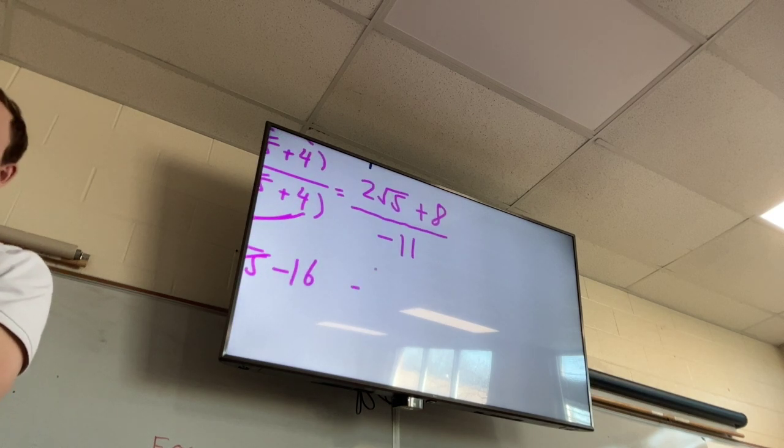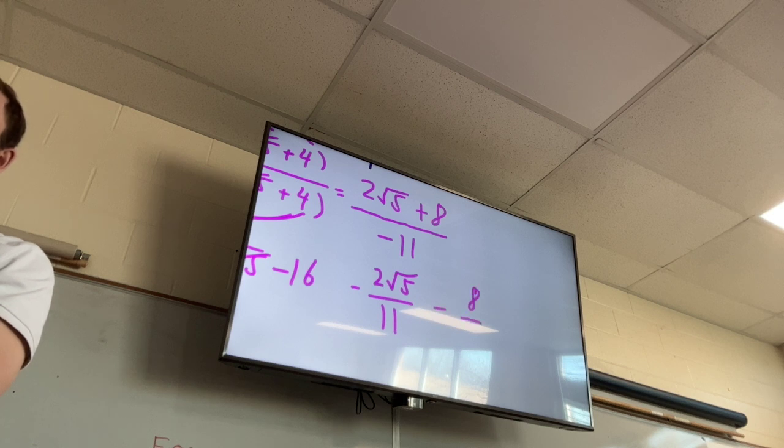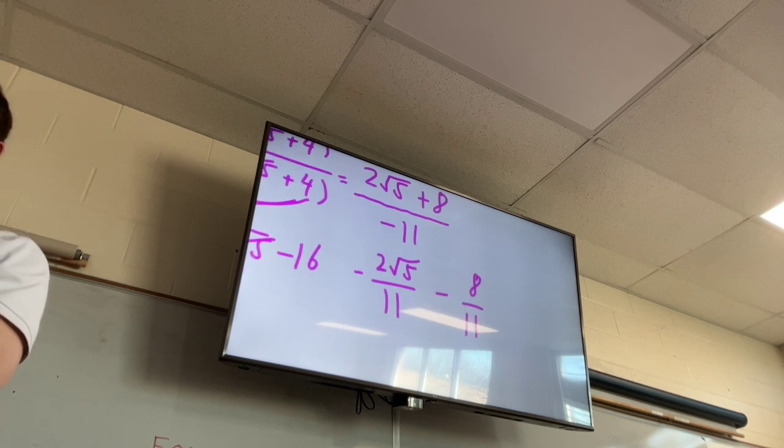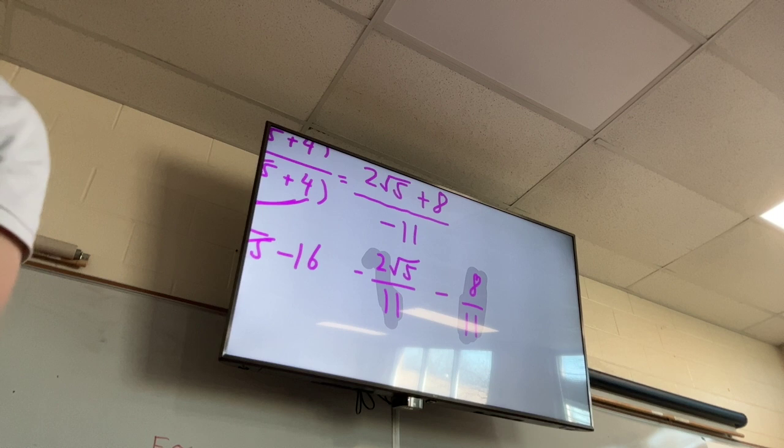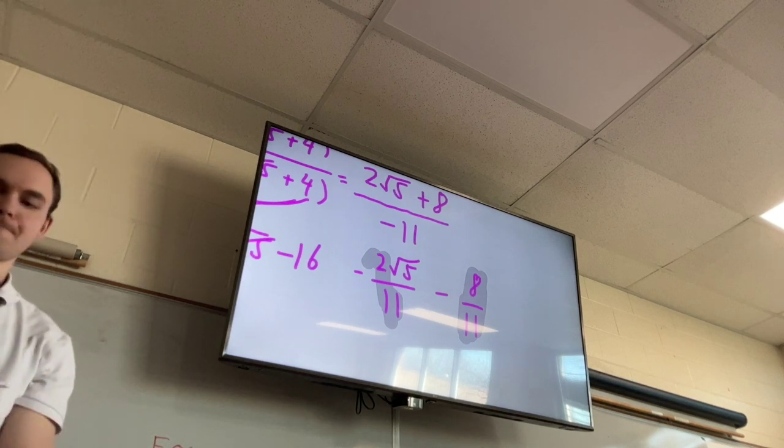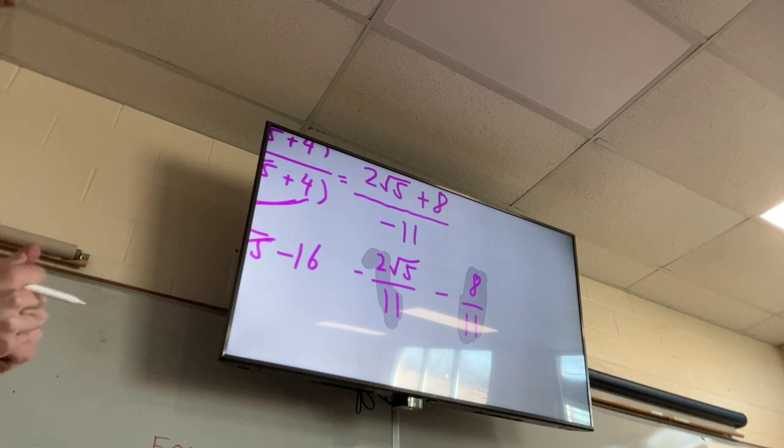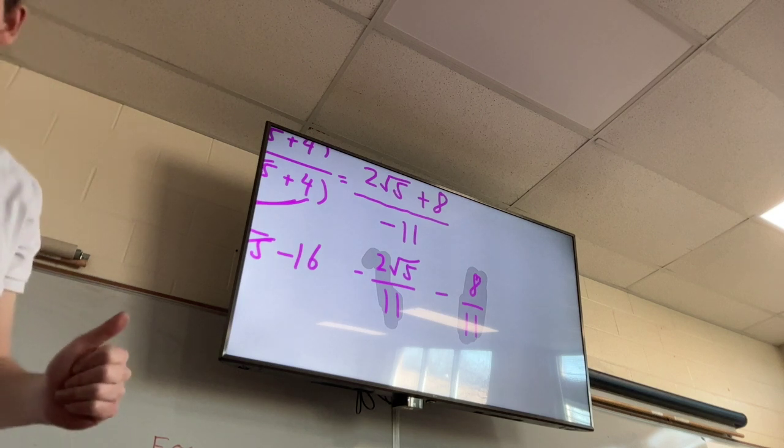So rewrite this as negative 2 root 5 over 11 minus 8 over 11. And then just make sure these two fractions are simplified. 2 over 11 and 8 over 11. Is that in simplest form? Yeah. That's going to be the easiest way for you to do these.